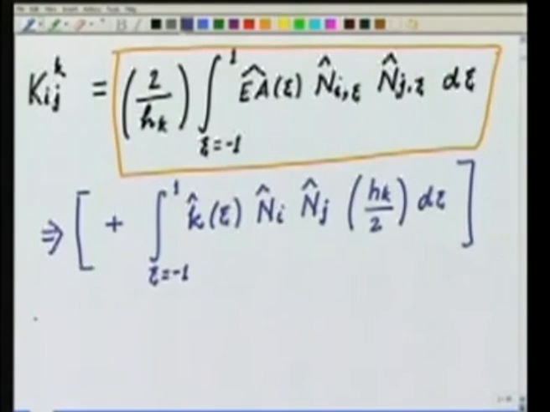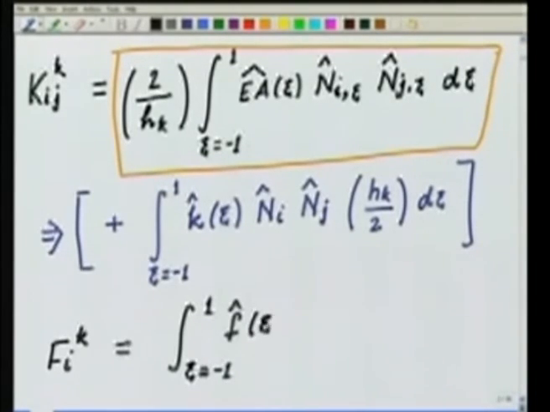Similarly, the load vector for the element will now look as integral psi is equal to -1 to 1 f hat of psi into N_i hat d psi, and here I will have the effect of the Jacobian, which is hk by 2.